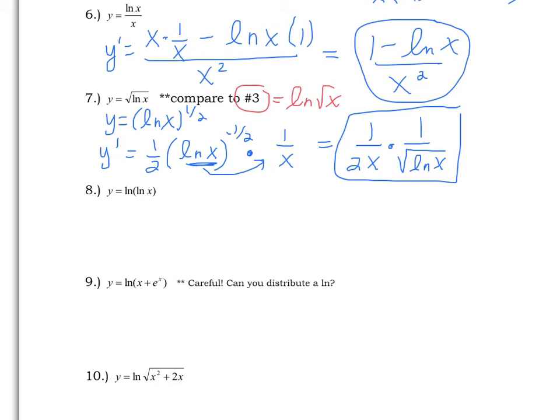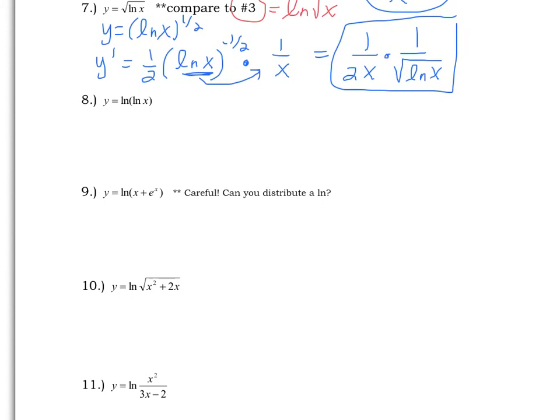Next one here, a little more complicated. We have the natural log of the natural log of x. What you have to keep in mind is that you have an inner and an outer function. The inner function is ln of x, and then we have another ln on the outside. Just like in number 7, where the derivative of the outer function required the power rule, here the derivative of the outer function, ln, would be 1 over the inner function.